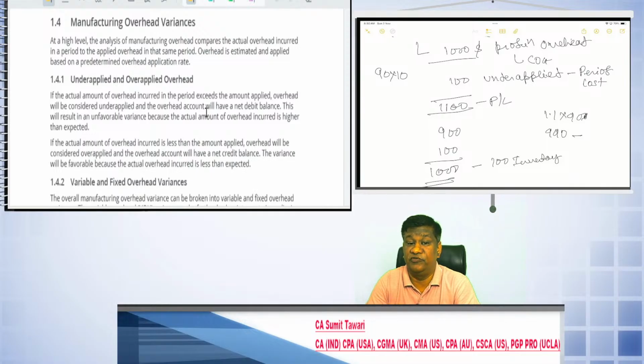That's why the question of under application and over application arises. Whatever the under applied and over applied cost, we treat it as a period cost. We do not apportion it over the quantity produced or sold or transferred to inventory. This is purely charged to the P&L as a period cost. Because of that reason, sometimes there is an issue with the gross profit.